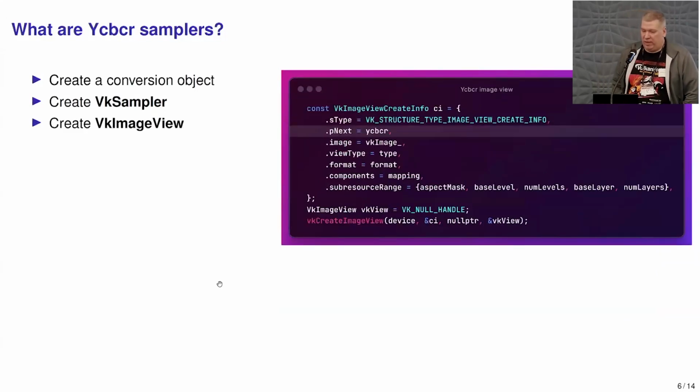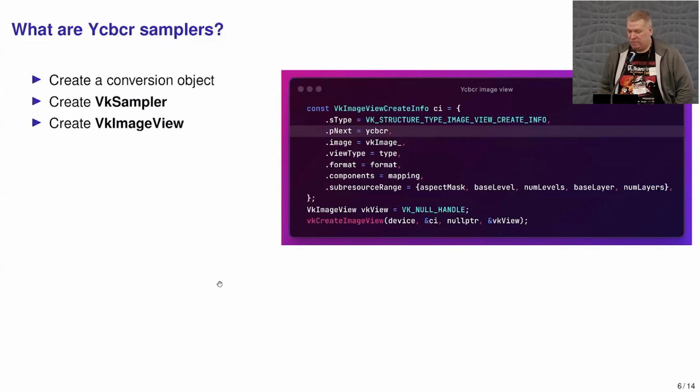Then we have to create a VkImageView using the same conversion object as a pNext pointer. So again, we already have two entities, the conversion object and the sampler. Now we add the third one. It's VkImageView. It just adds up to the combinatorial explosion.